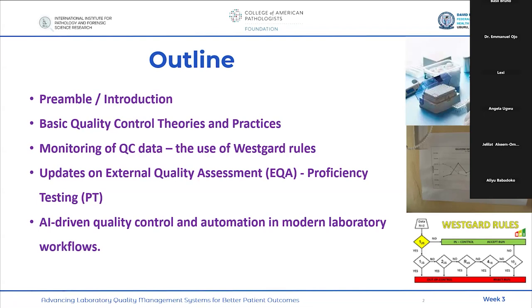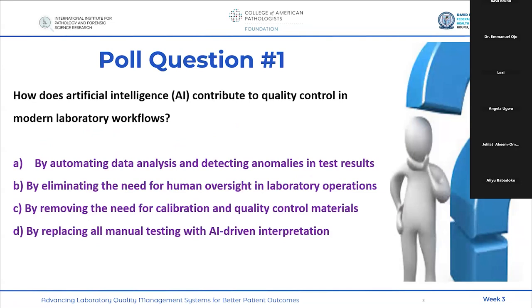So before we continue, I've been told that we'll have a bit of a poll, and I have some poll questions here. I'll be trusting the IT team to launch. Oh, thank you. So please, we want you to participate in these poll questions.